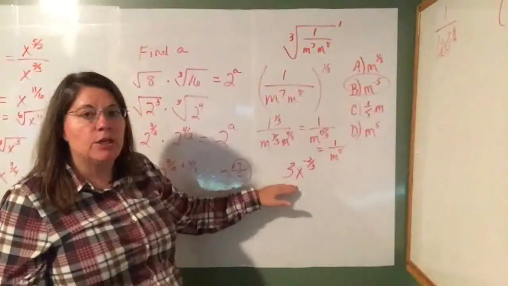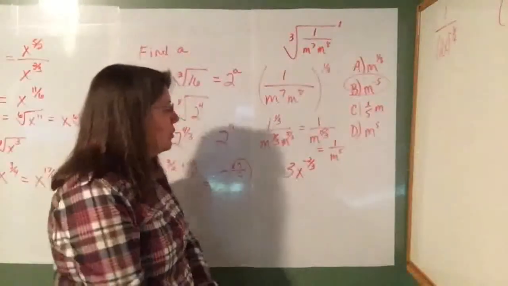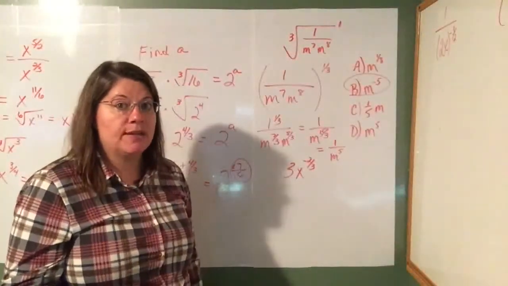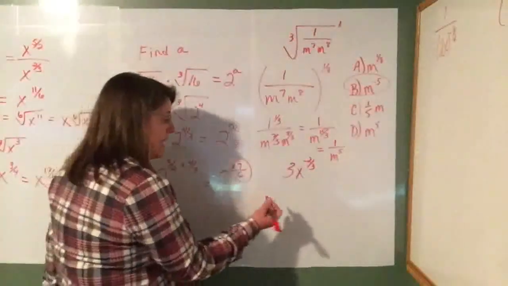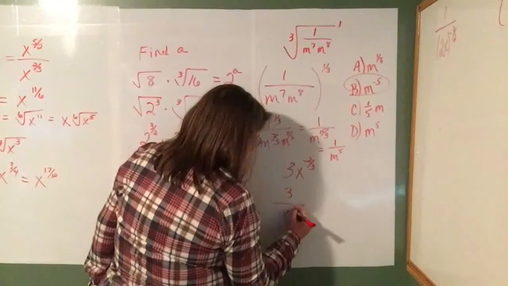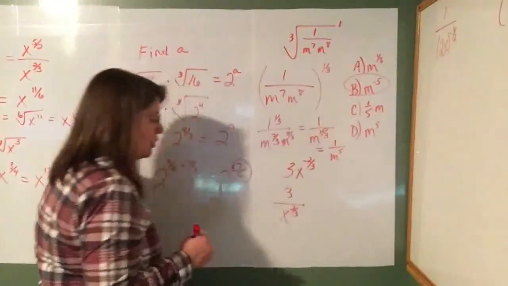For this one, 3x to the negative 2/3, we are, again, not allowed to have negative exponents in our answer. So if I were to write that one, I would say that that is 3 over x to the 2/3.